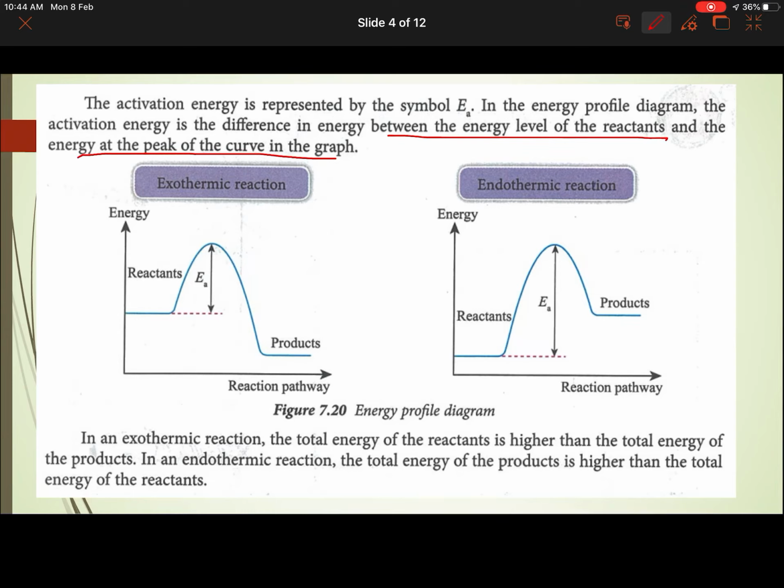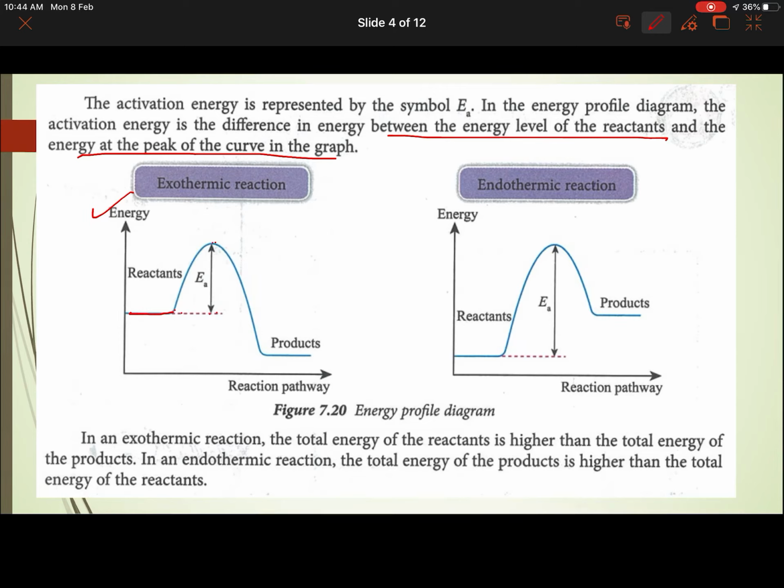Before this you know that an energy level diagram must have an energy axis and reaction pathway, and we write the reactant and also the product. Activation energy starts from the energy level of the reactant, up to the peak of the curve in the graph.